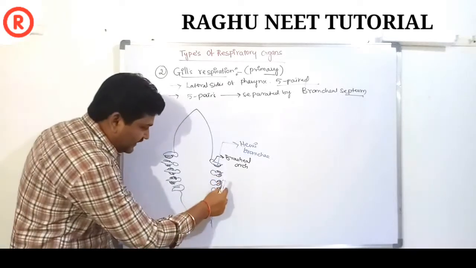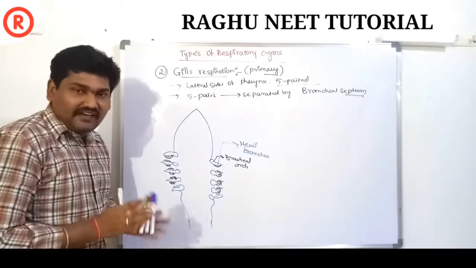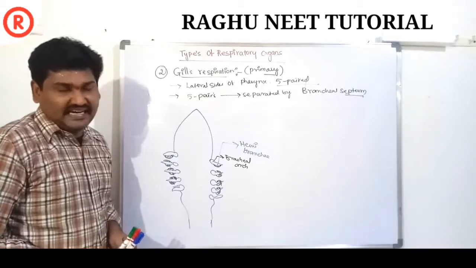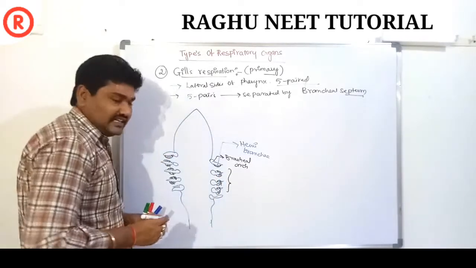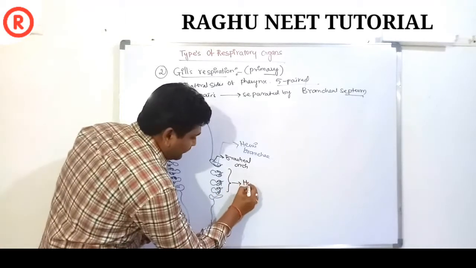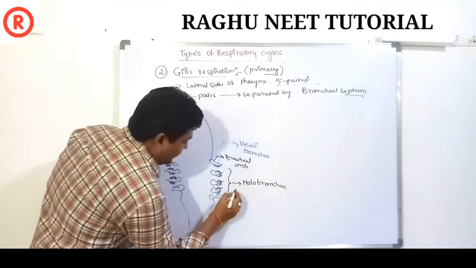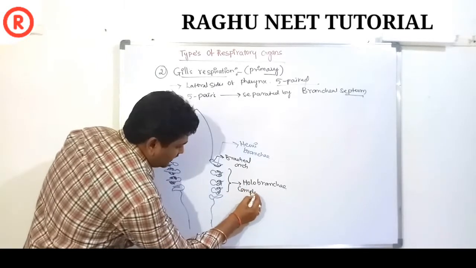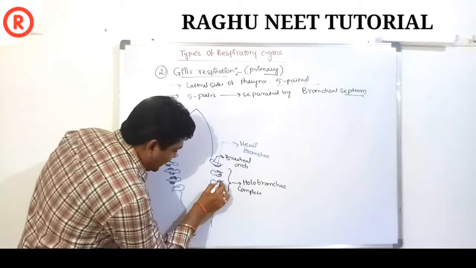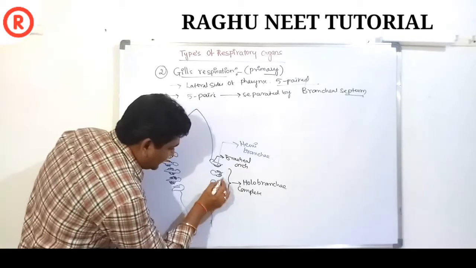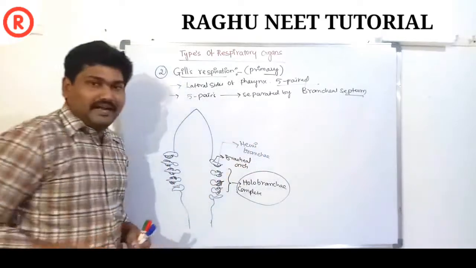So the second, third and fourth arches consist of paired gills on either side. These three pairs of gills are known as holobranchiae. What is the meaning of holobranchiae? Holo means complete. The branchial arch has gills on either side. So this type of gills is called holobranchiae.